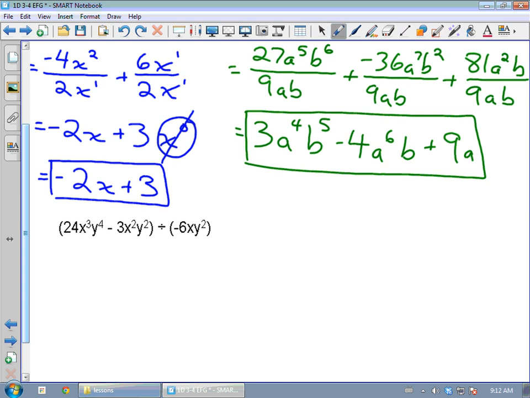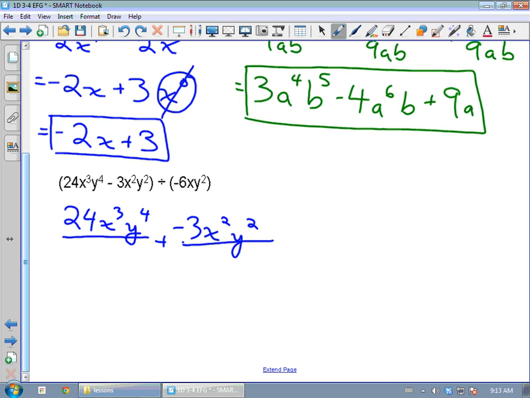So I'm going to put this first polynomial up in my numerator. 24x cubed y to the fourth. My next term is negative 3x squared y squared. And then I'm going to divide each of these terms by my negative 6xy squared.